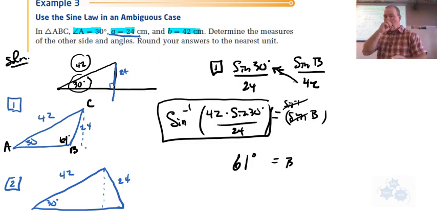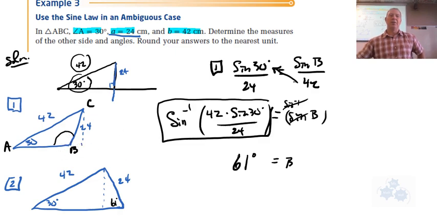So guess what? When we solve for an angle, our calculator is always going to give us an acute angle solution. Always. So this is why I really like the diagrams. This is 61 right there, because we've used all of the same numbers, notice. So how do I find this angle? This is not 61. What would this be?